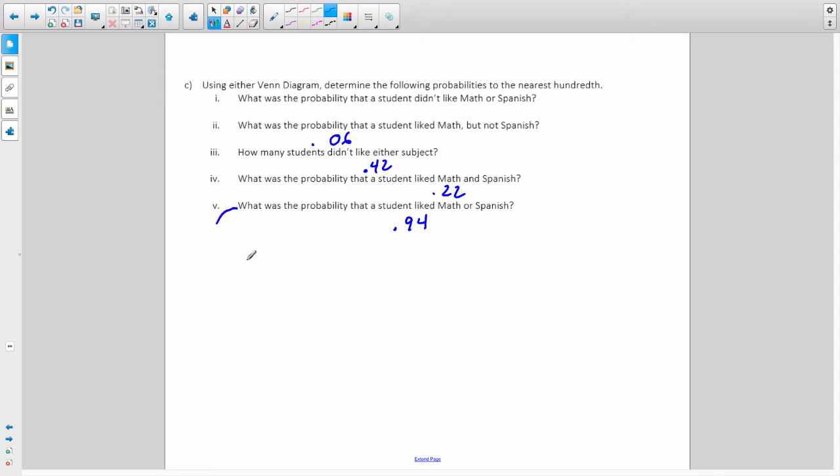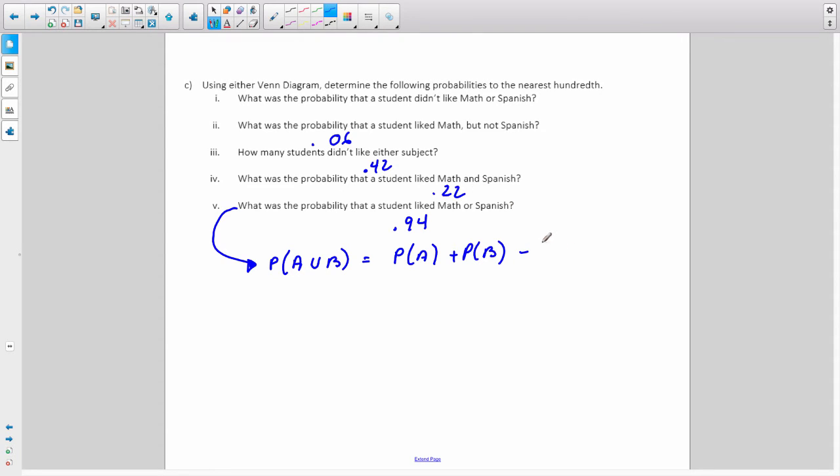And this is a great opportunity to revisit the formula for getting the same result, but knowing this: the probability of A or B is equal to the probability of A, we're going to add to the probability of B, but then as you saw in the Venn diagrams, you have to back out the duplicates.